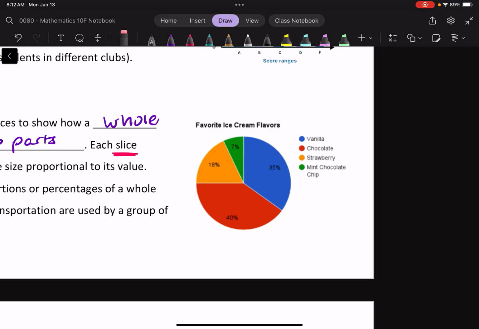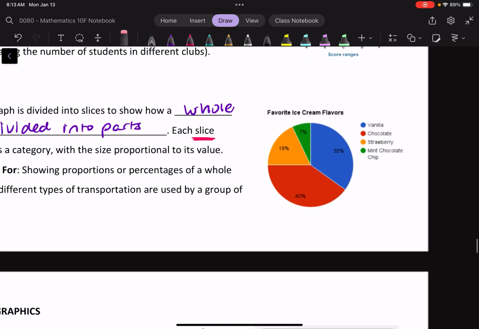I also might want to look at this as if I get really, really small numbers, like you've only surveyed, let's say, 20 people, it could still work out to 35 and 7 and 18 and 40%, etc. But I might look at those numbers and go, wow, that's a really small sample size. That might not be enough for me to say that that data is reliable.